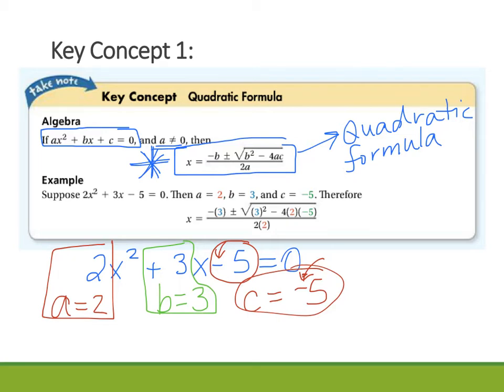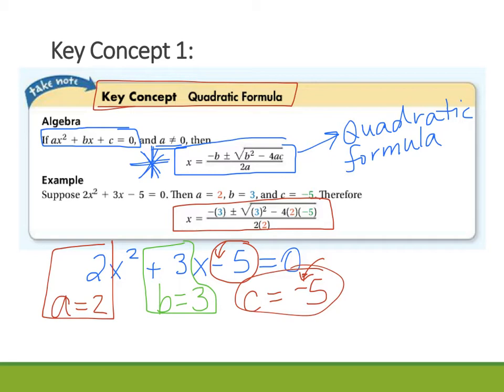Now notice what they've done here is they've just taken those values and plugged them into the formula. And then after they plug them in, you just simplify that. And what's great is you've got a great calculator that you can use to help you simplify things, so hopefully it won't be too terribly difficult for you. Okay, so your first key concept is the quadratic formula itself, what it is and how we use it.